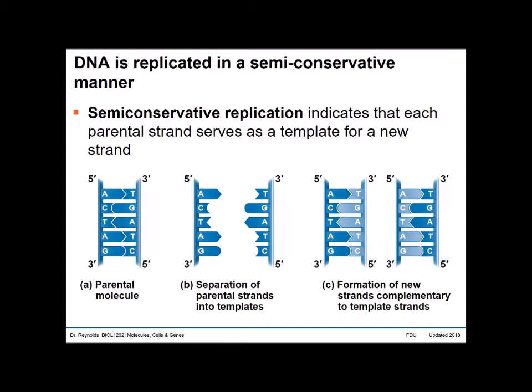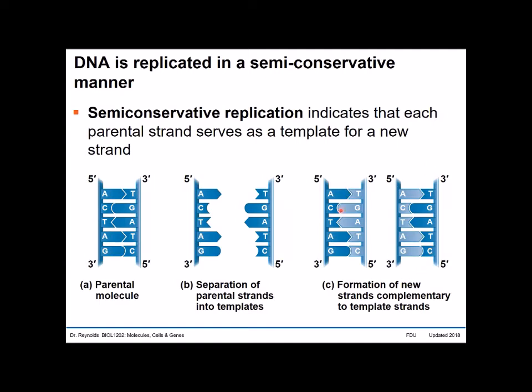Now, when we talk about replication as a whole, we need to discuss the fact that replication in DNA is what we call a semi-conservative process. Semi-conservative tells us that the parental molecule of DNA is going to split, and each of those parental strands is going to be used as a template for the formation of new strands.